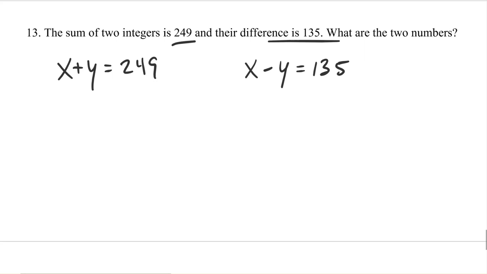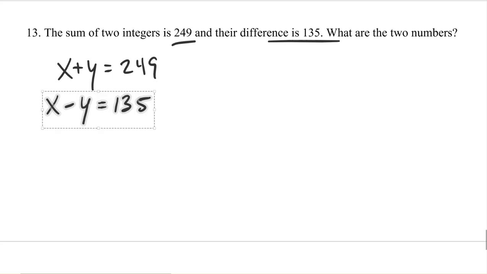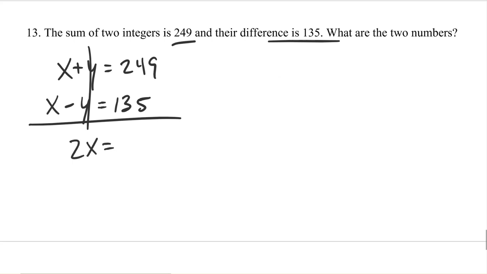Well, we can add these two equations together, right? It looks like we've got opposites, so our y's would cancel and we'd get 2x equals 249 plus 135, which equals 384. Divide by 2.